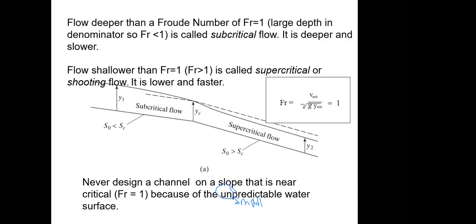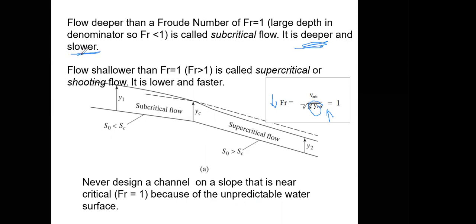So if y is bigger, y big means deeper, then the Froude number is less, and if you want a low Froude number, the velocity is slower.